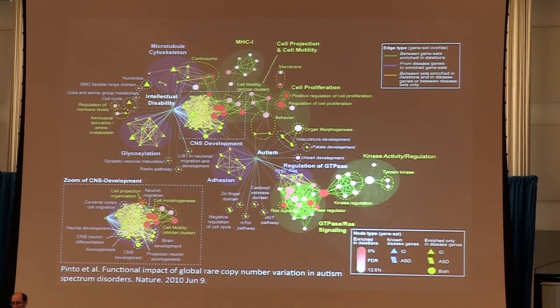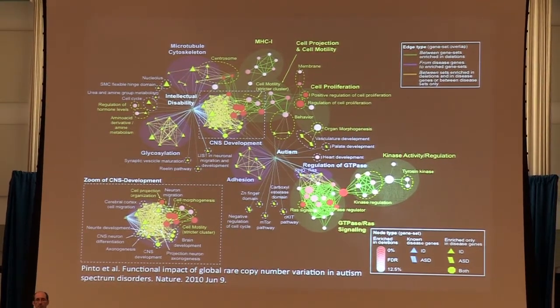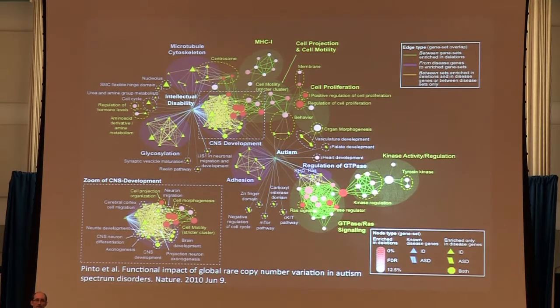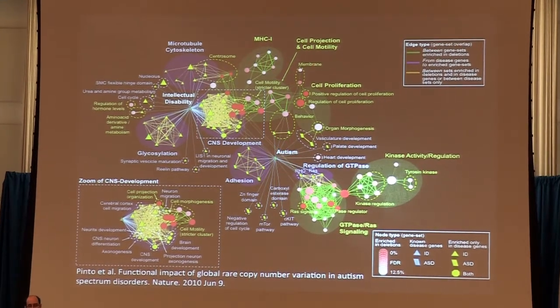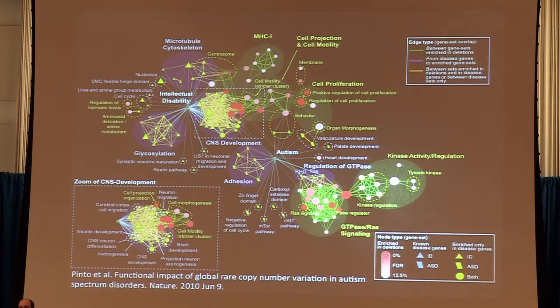When they looked at individual genes, they didn't find very many genes that were significant after multiple testing correction. They had maybe 3 or 4. So when we wanted to see if there were any pathways associated with the autism spectrum disorder, we found a rich set of pathways that were quite strongly associated with the disorder.